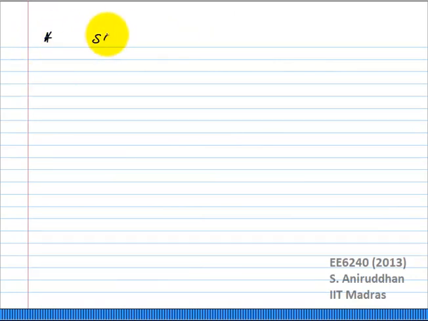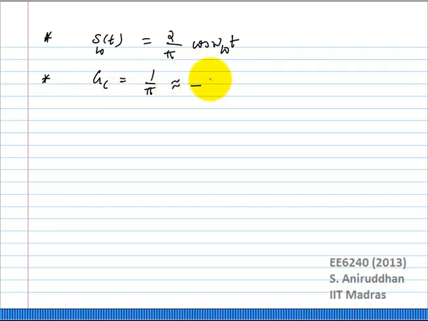If you look at S_LO of t, it has a fundamental which is 2 by pi cos omega LO t, because it goes from 0 to 1 and back. The conversion gain for this type of mixer is 1 by pi, which is approximately minus 10 dB, so it has a conversion loss.